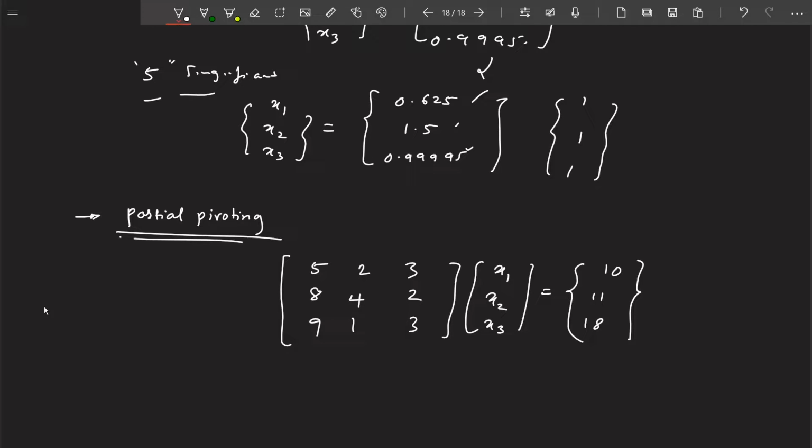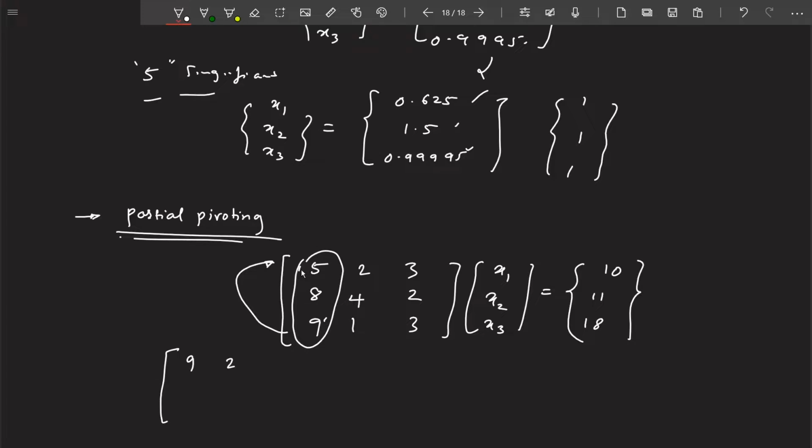Now, according to partial pivoting, you're going to consider the first column, and find out which is the highest absolute value of an element. In this situation it's 9, and you are going to bring it to the top. That means you are going to replace it by 5. So partial pivoting says that when you look at the elements in a column, whichever element is higher, you take it to the top.